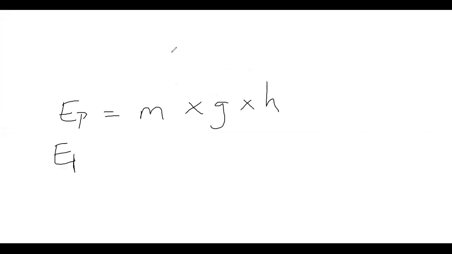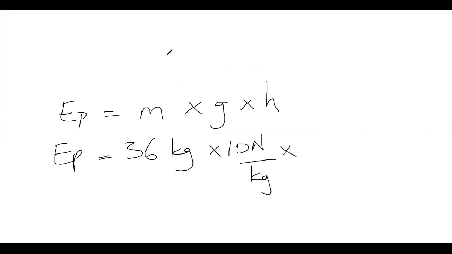So EP is equal to your mass, which is 36 kilograms. We use gravity as 10 newtons per kilogram in IGCSE, and your height is what we need to calculate. So we go to the height now.